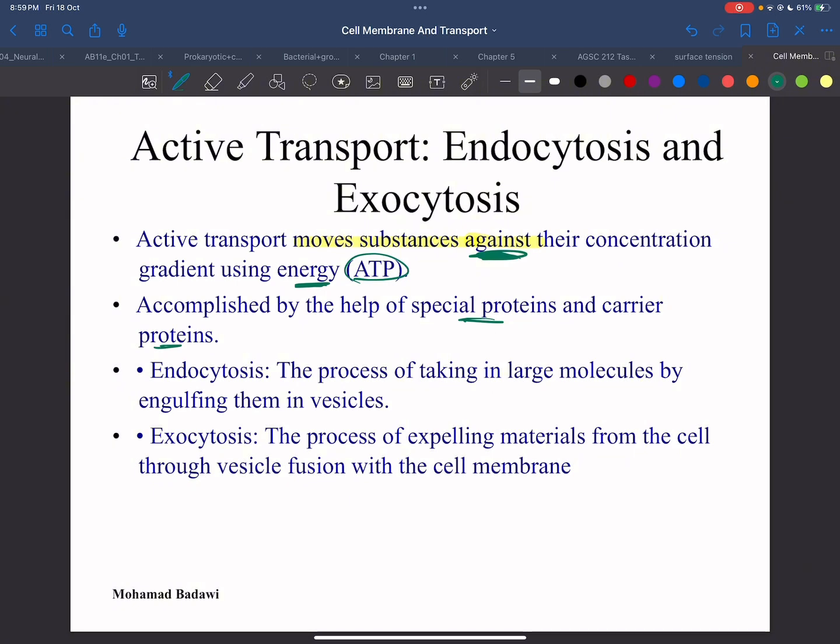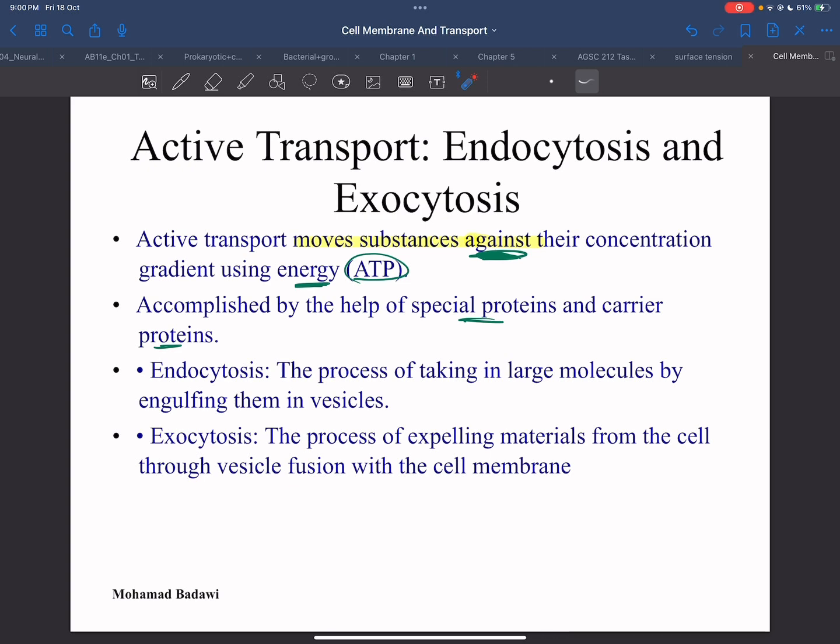Now, we spoke about carrier proteins before in facilitated diffusion. However, the only difference here is here we use ATP, while in facilitated diffusion we did not need the use of ATP. Okay, and the reason why we need energy in active transport is because we're moving substances against their concentration gradient.